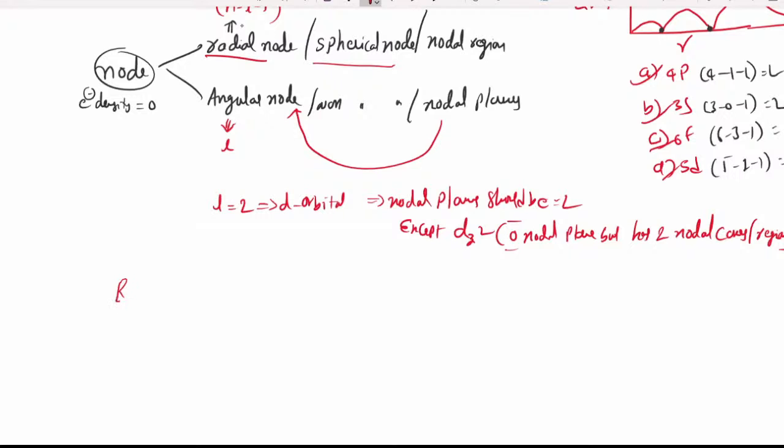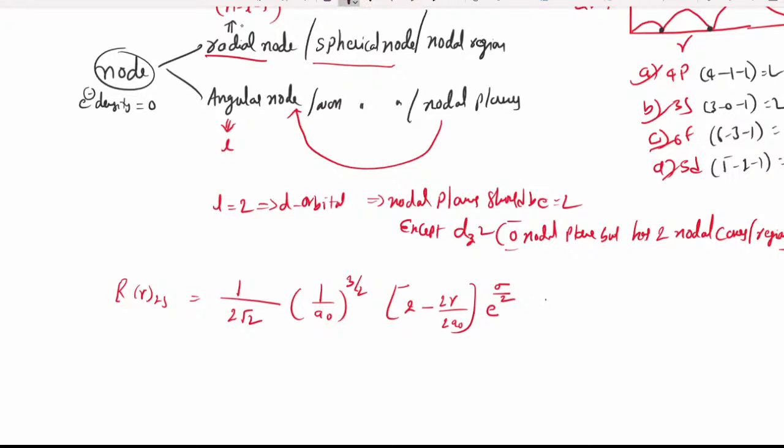See that: R of 2s is equal to 1 by 2 root 2 into (1 by a naught) whole power 3 by 2 into (2 minus 2r by 2a naught) into e power minus sigma by 2, where for your convenience I will write sigma is equal to 2r by n a naught.